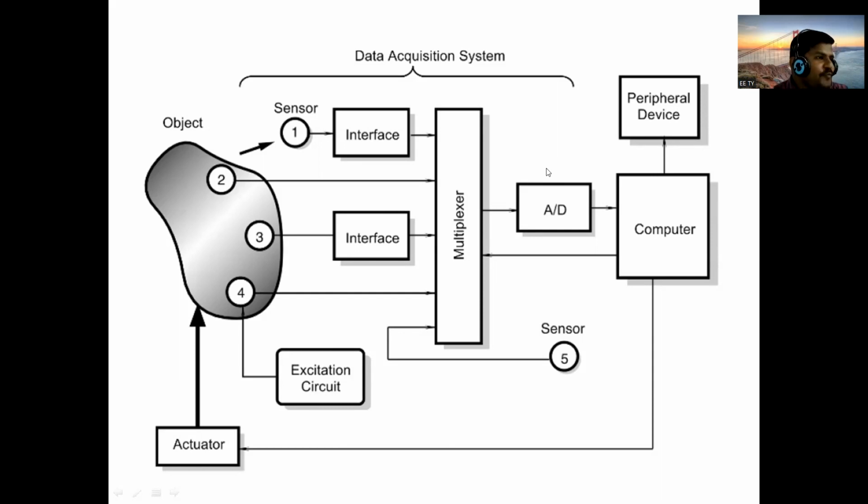Suppose 5 doors are there, and these 5 sensors are equipped with those doors, and any one of the doors can be open, right? So the signal obtained from the sensor of the open door is 0. The multiplexer feeds the signals obtained from the sensors sequentially, but in this case the output obtained from the sensor is already in digital format.